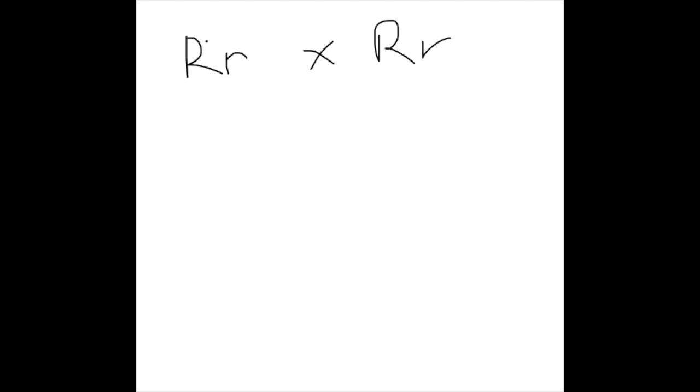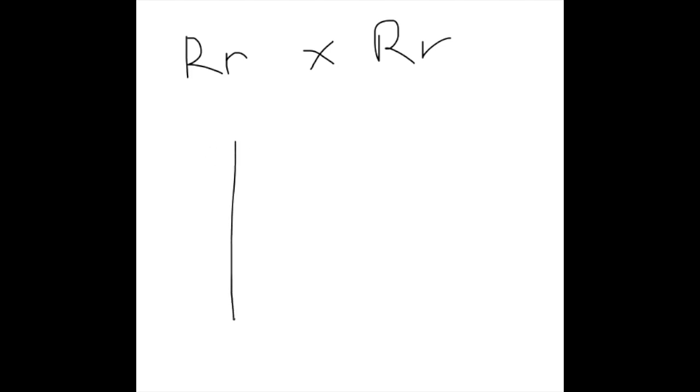So here we can see that the way that these plants are going to look are going to be round, right? Because they both have that big R, but they both also have that wrinkled trait, that little r trait. And so the way that we can figure out how the offspring of these two plants are going to look is by using a Punnett square. So it's really simple.